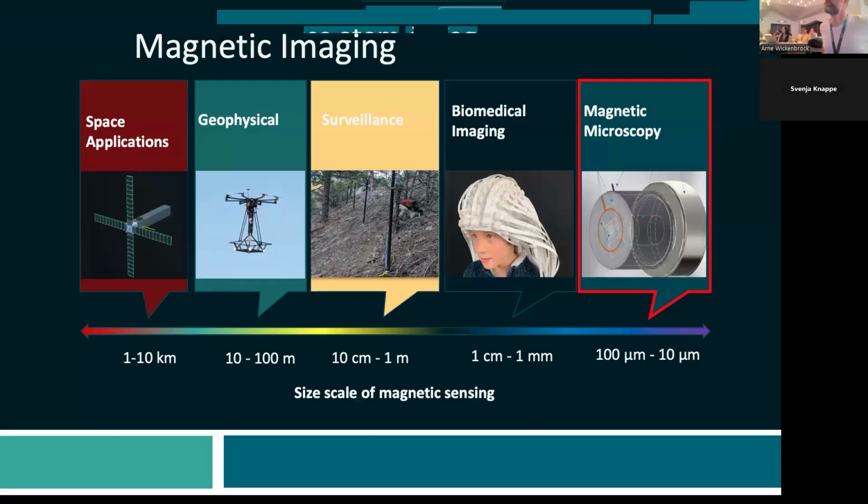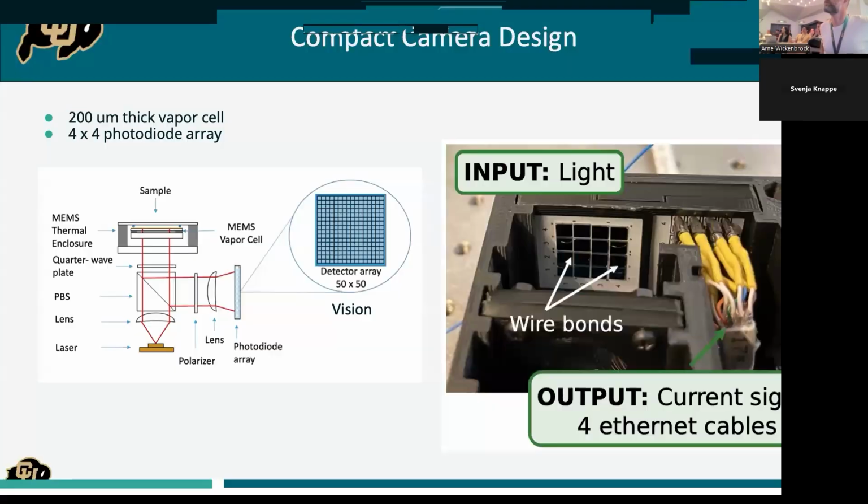All right, let's move to a different application. Let's jump to the other extreme, when we want to measure something really, really small. In this case, we asked, can we build a compact camera, a multi-channel system that works on very small size scales?